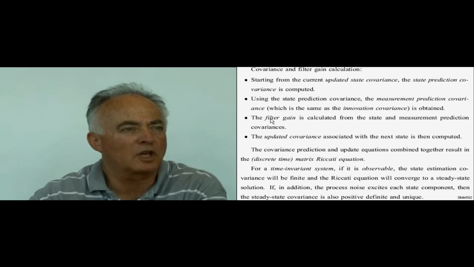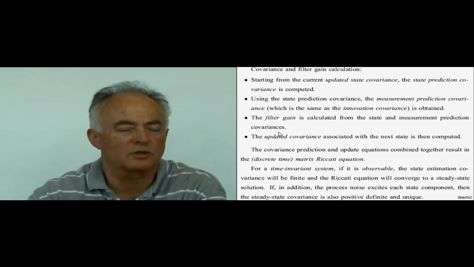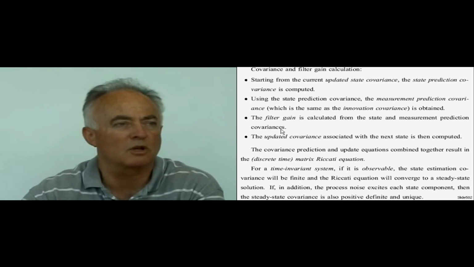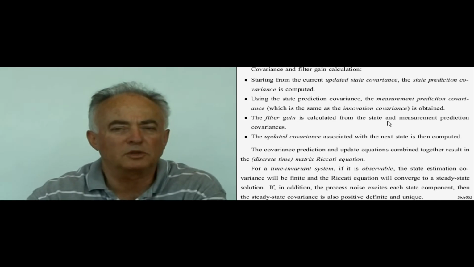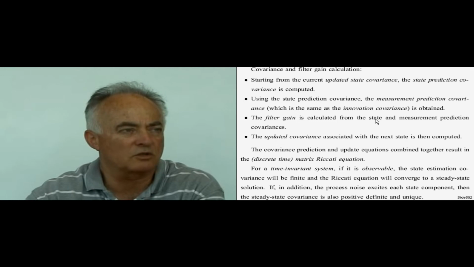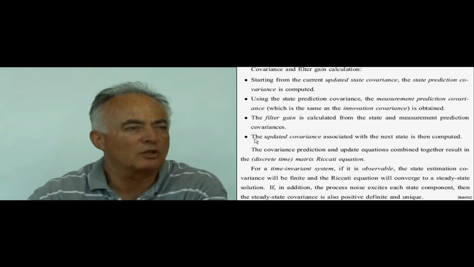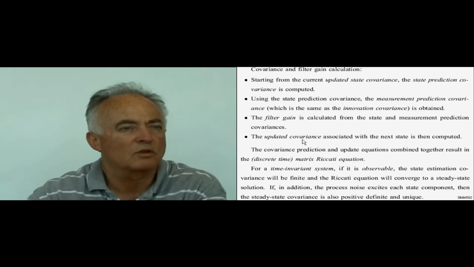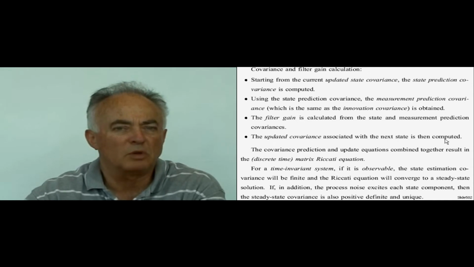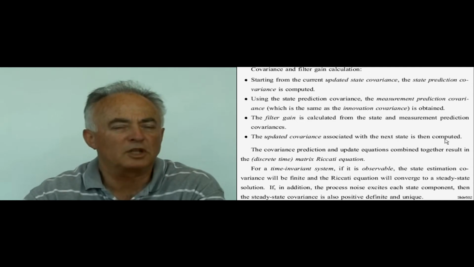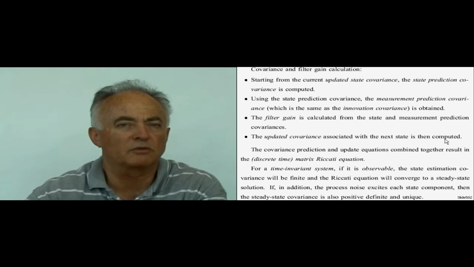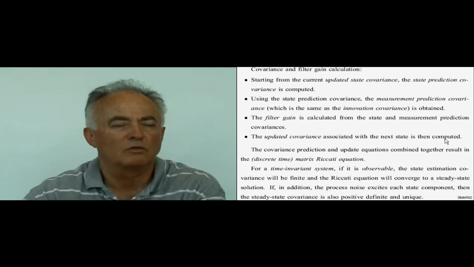And the filter gain is calculated from the state and the measurement prediction covariances, more or less, in scalar terminology, the ratio of the state prediction to the measurement prediction covariances. The updated state covariance is then computed by taking the predicted state covariance and subtracting from it what we gained in terms of information from the new measurement.